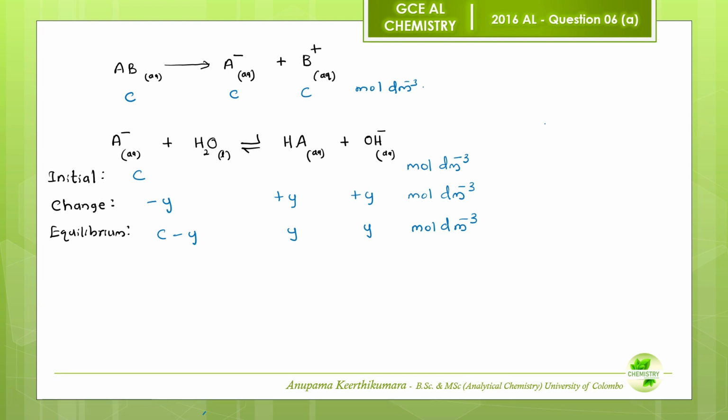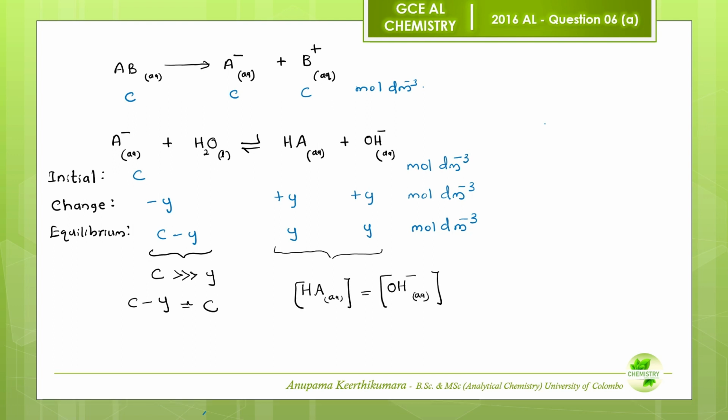This conjugate base A minus is a weak base. Concentration C is very much greater than the dissociation Y. Therefore, C minus Y is almost the same as C. The concentrations of HA and OH minus produced at equilibrium are the same.